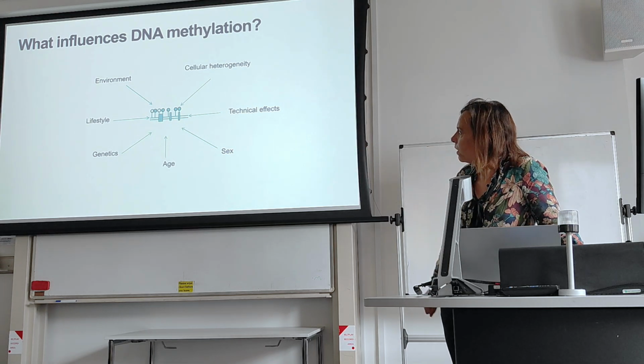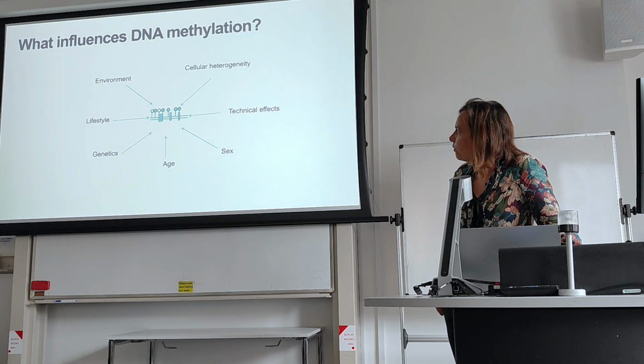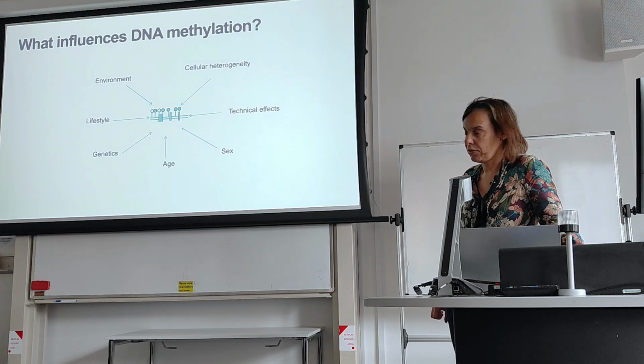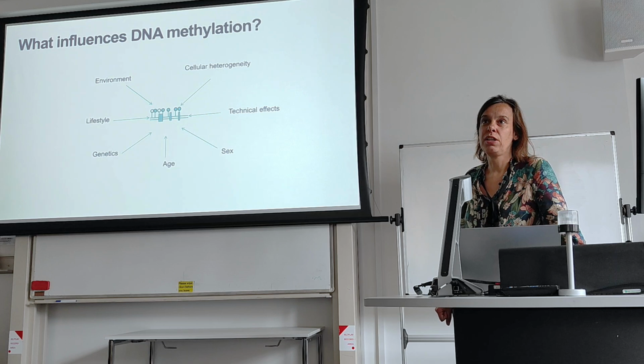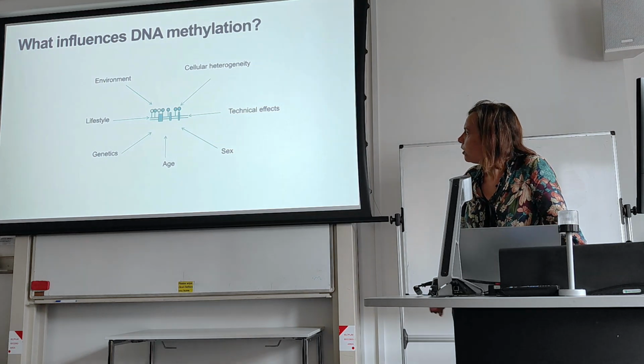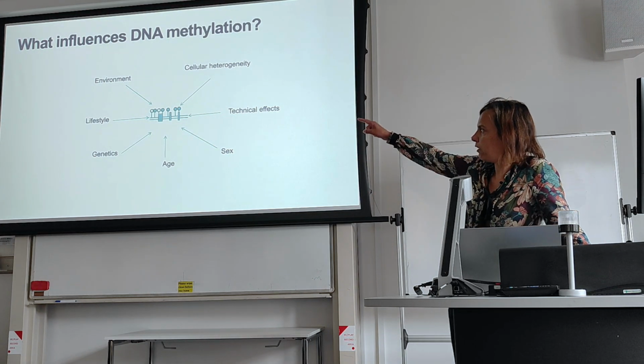Alcohol will also change the methylation status. Another is that they are cell type specific. For example, in blood you have different cell types, and in your neutrophils a site can be methylated, while in your red blood cells it's unmethylated. Other things like genetics also play an important role.